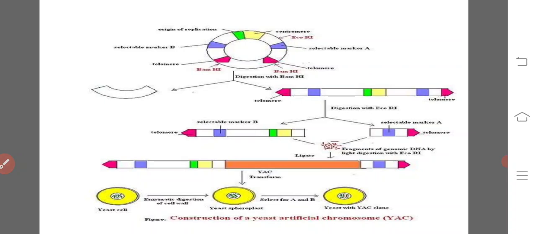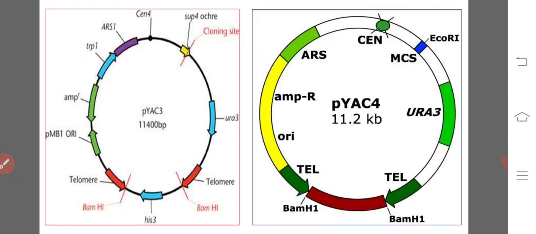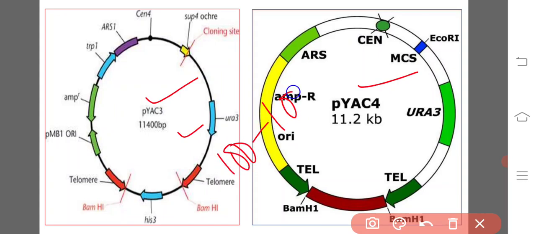The pYAC3 has been isolated from the Saccharomyces cerevisiae and ligated to bacterial plasmid pBR322. Size of pYAC3 is 11,400 base pairs. Cloning limit is 100 to 1000 kb.